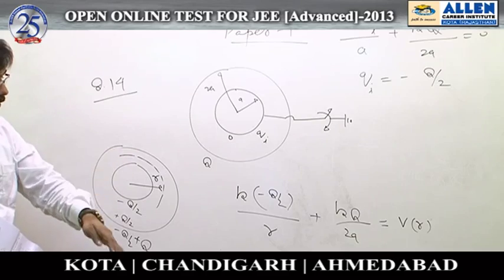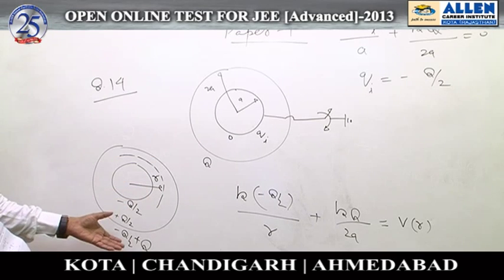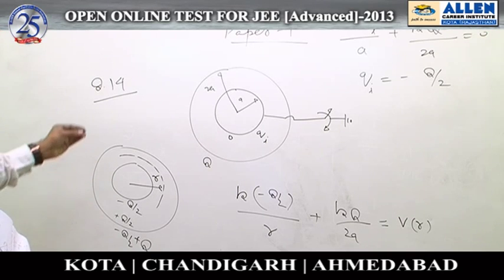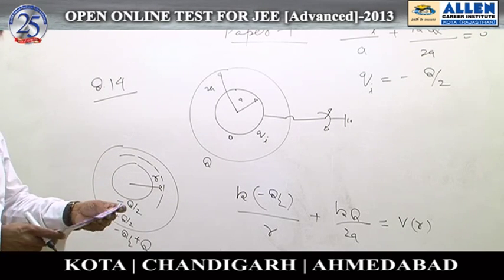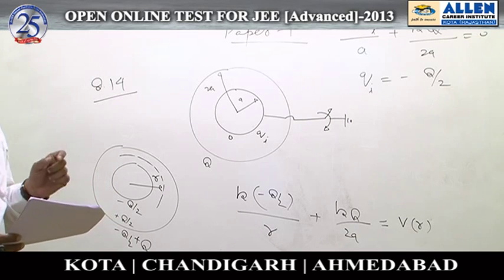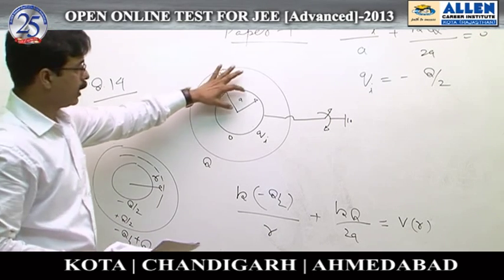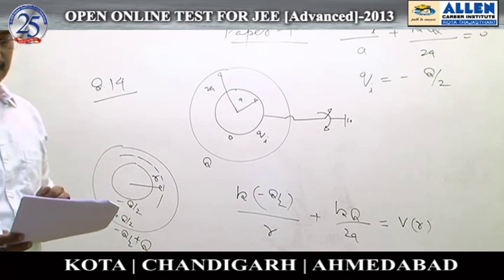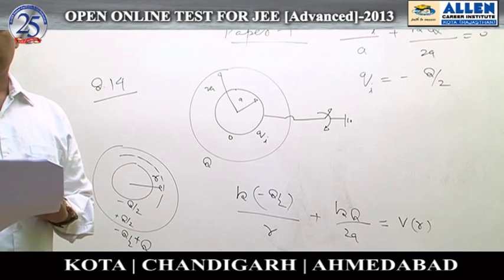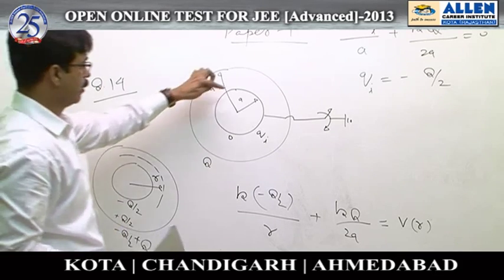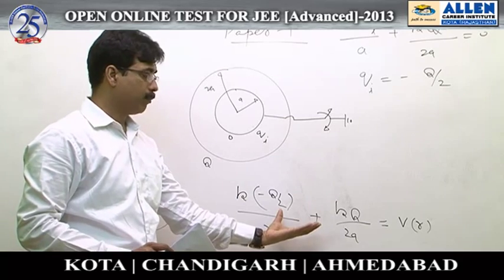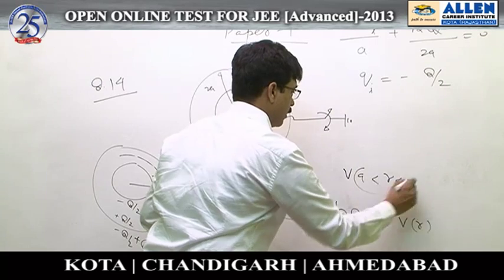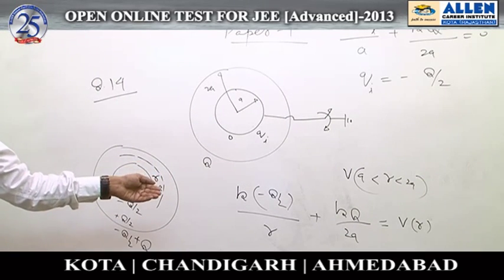For outside points, it should behave as a point charge at its center. Now we can check the graphs. As we can see, the potential from 0 to a is 0. That means option B shows 0 potential from 0 to a, and from a to 2a this is the potential function.